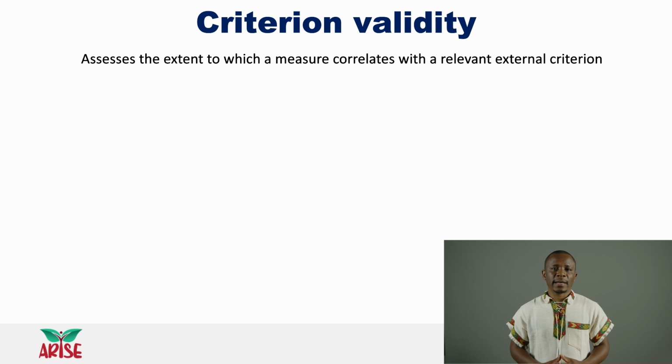Criterion validity assesses the extent to which a new measure correlates with a relevant external criterion. The criterion can be another well-established measure, an observed behavior, or an outcome that the measure is expected to predict. There are two commonly recognized types of criterion validity: concurrent validity and predictive validity.